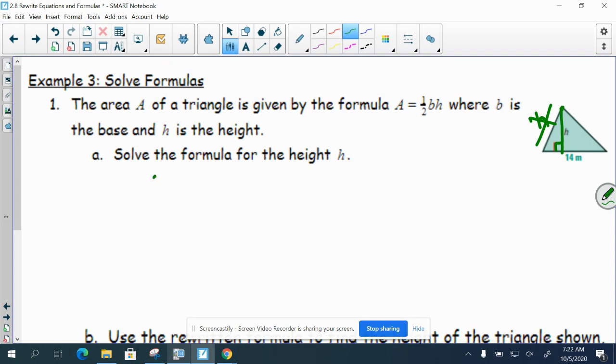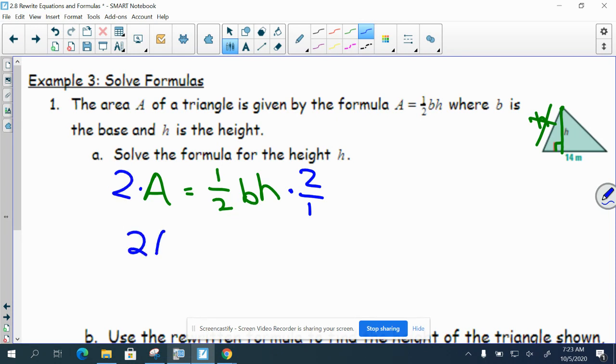Okay, well, let's copy down the formula. All right, so here's what we're going to do. So here's h. We want the 1/2 and the b to come over on this side. So the first thing we're going to do is move this fraction. So move the coefficient. So what we could do is divide by 1/2, but what might be easier is multiplying by the reciprocal, which would be 2/1, or just 2. So multiply both sides by 2.